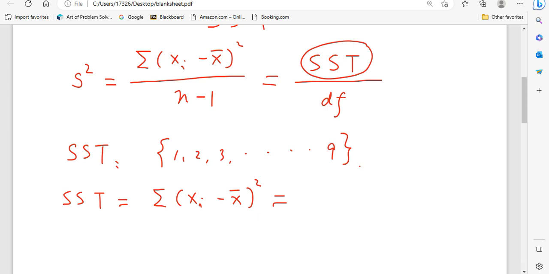So it is just xi minus 5 squared. Okay, so we plug it in here.